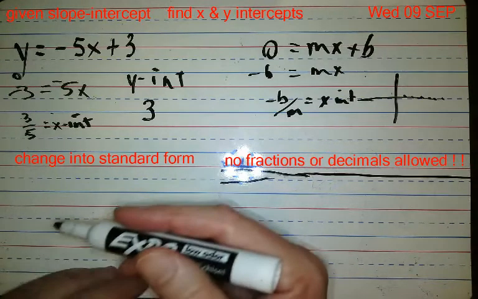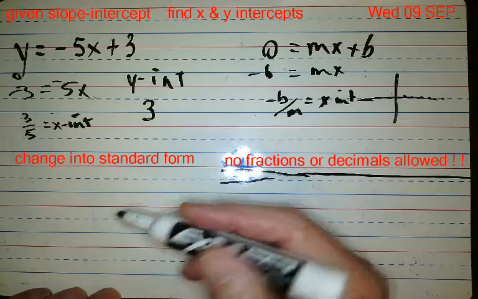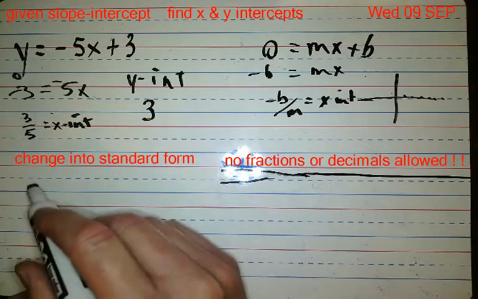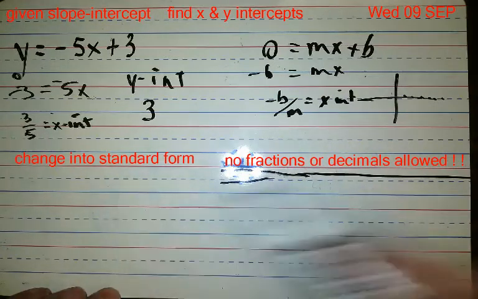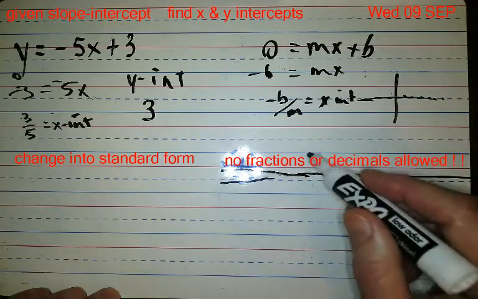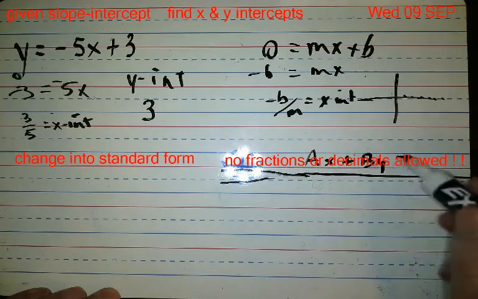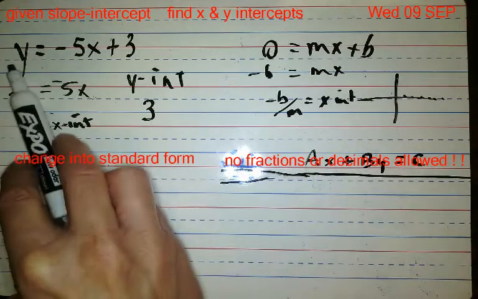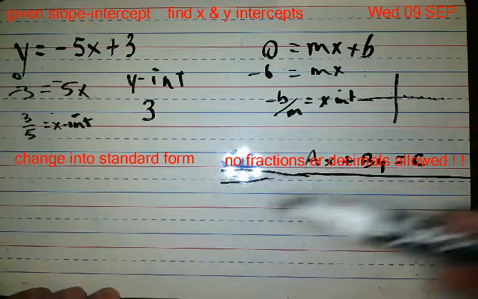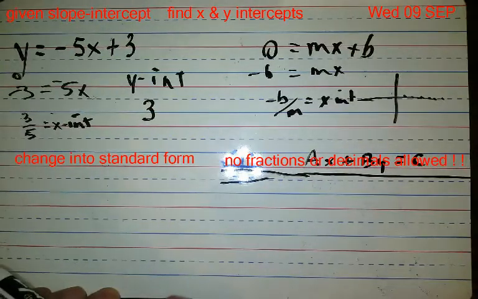Right? Now then, if I want to write it in standard form, which is what it says right here, I want it in standard form. Remember, standard form looks like this. ax plus by equals c. What does that mean? That means the x's and the y's both have to be on the left, and the 3 has to be by itself.